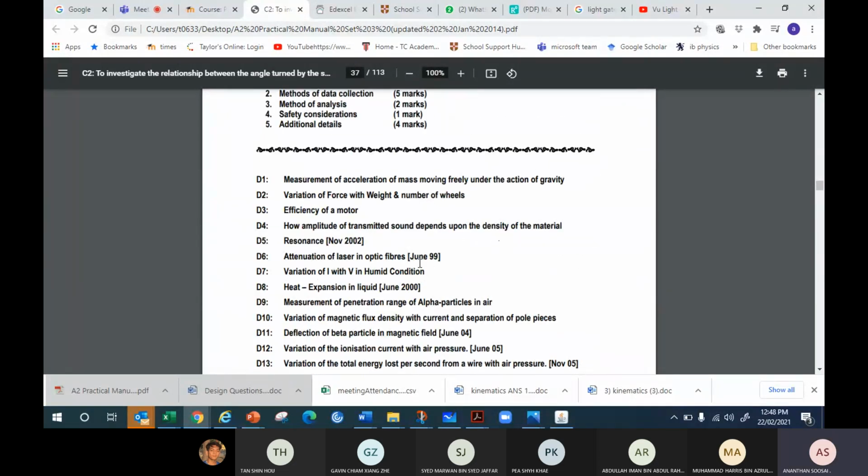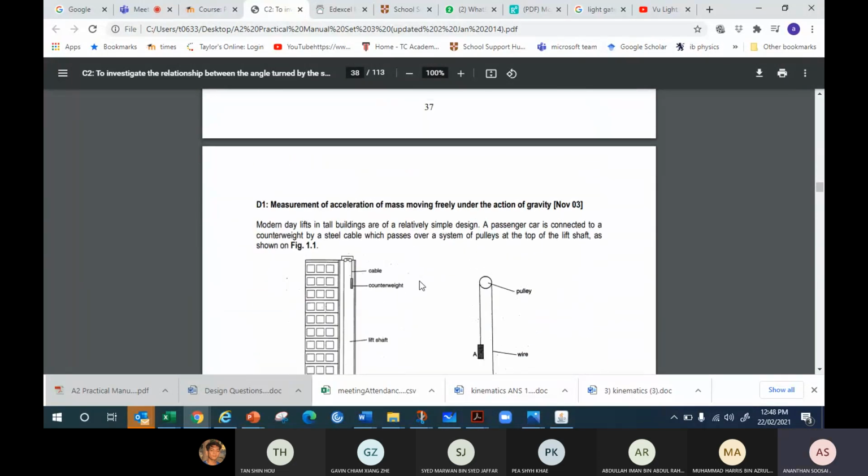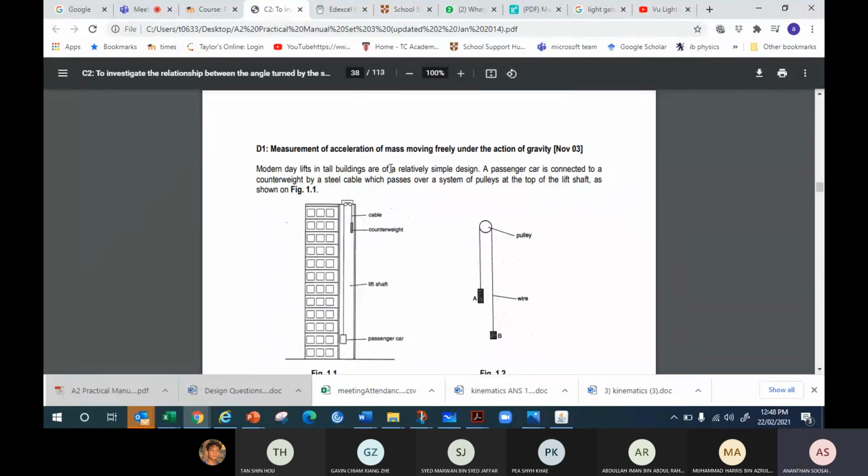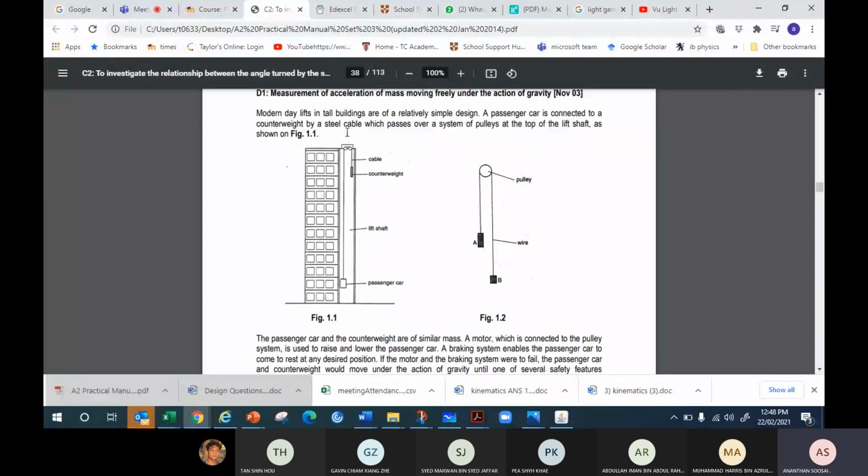This is the analysis questions. Okay, let's go for D1 today. One example, page 38. The question is about measurement of the acceleration of a mass moving freely under the action of gravity. A modern day lift in a tall building is of relatively simple design.